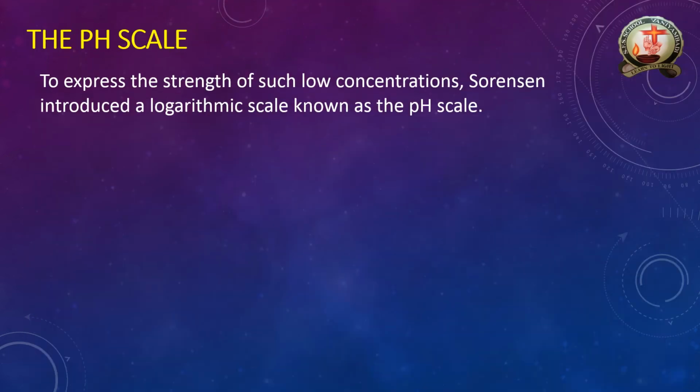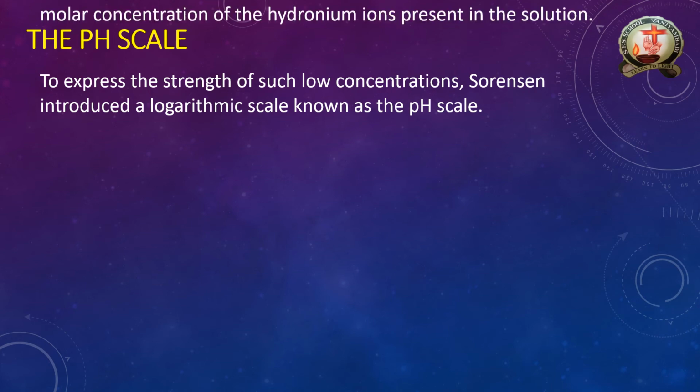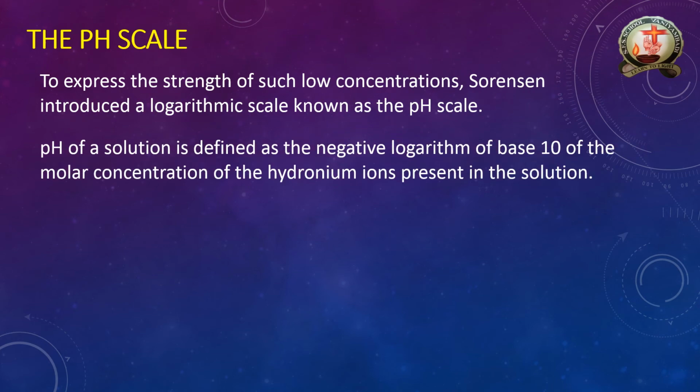The pH scale. Why are we using a pH scale? To express the strength of such low concentrations, Sorensen introduced a logarithmic scale known as the pH scale. The pH of a solution is defined as the negative logarithm to base 10 of the molar concentration of the hydronium ion present in the solution.